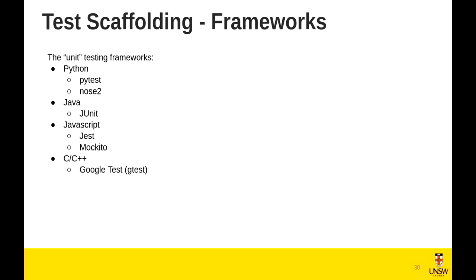For C or C++, we have Google Test or GTest. And for Rust, because it's a new language, it has a built-in testing framework. So these are all popular frameworks for test scaffolding, and let's see why they can be matched to the structure we have learned.